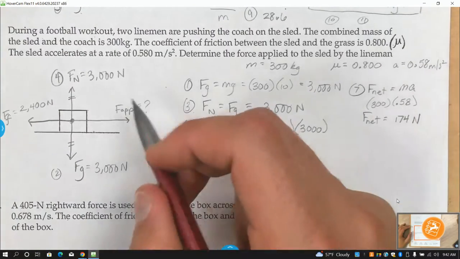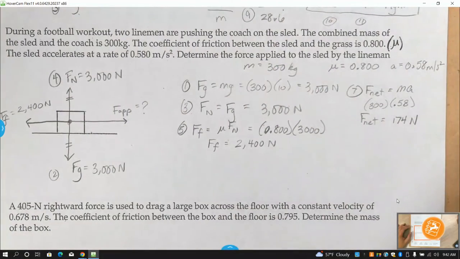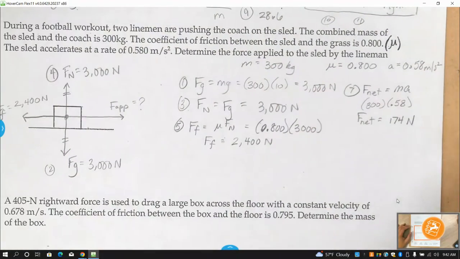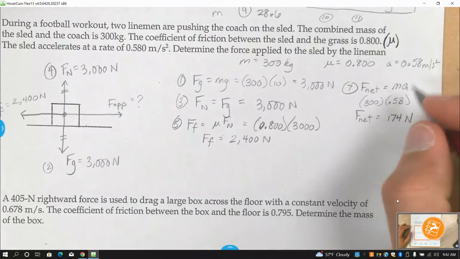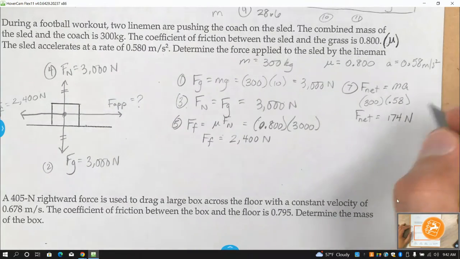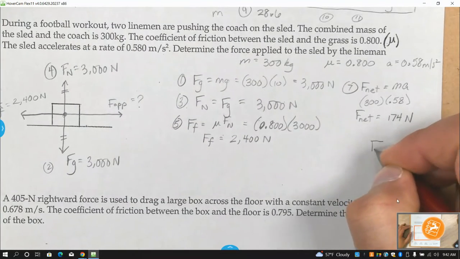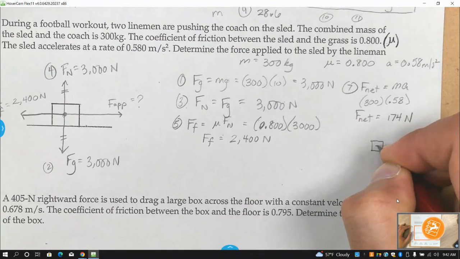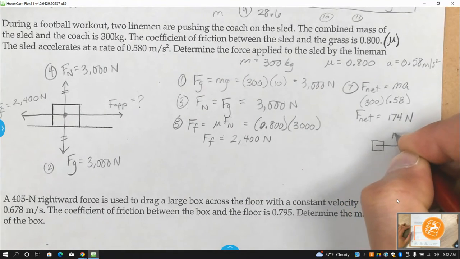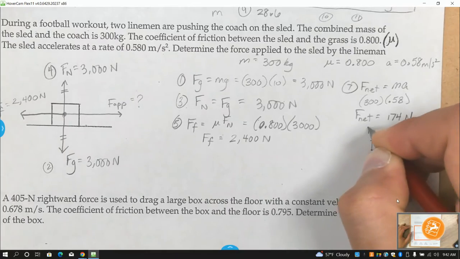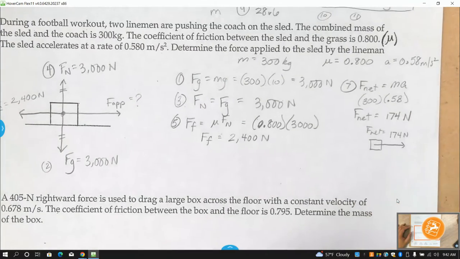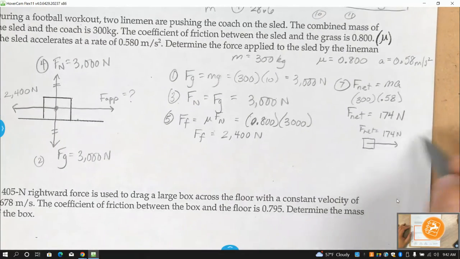Okay, so what would this mean? What would my free body diagram look like if I just said, all right, hey, you have a net force of 174 newtons to the right? Well, that would then eventually just summarize down to this. It would be 174 newtons to the right.